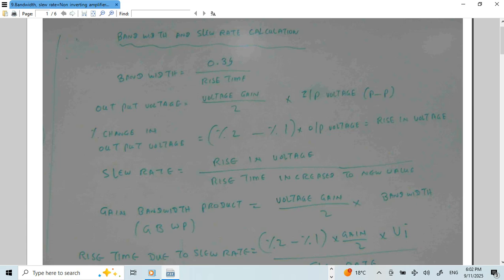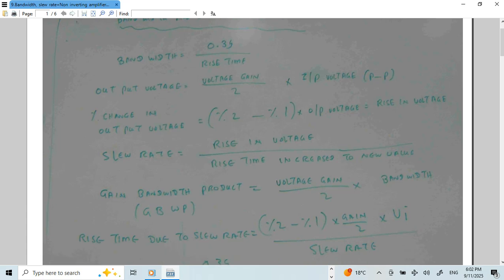Then the rising voltage can be calculated: percentage change in output voltage multiplied with the output is equal to the rising voltage. And then you can also calculate the slew rate. The slew rate formula is the rising voltage divided by the rise time increased to the new value.